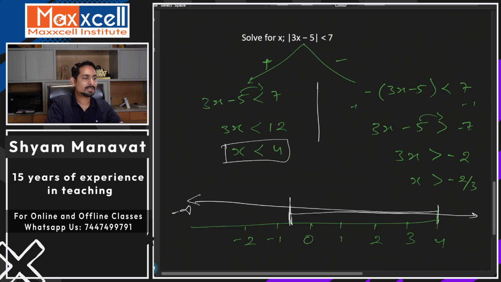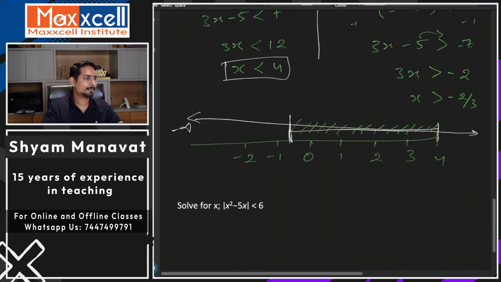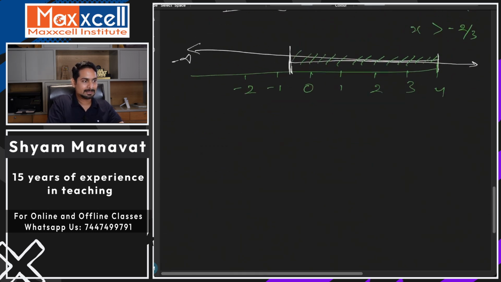We got a common solution here. Do you see the common solution? Two lines, they exist in the same area, same range. So we can say in this case, x is more than minus 2 by 3 and less than 4.